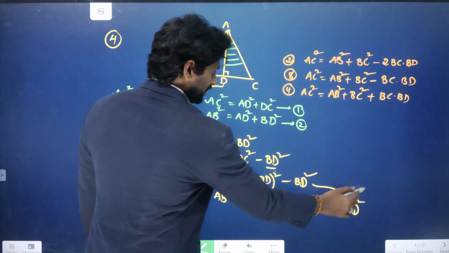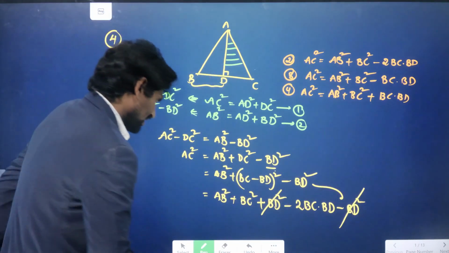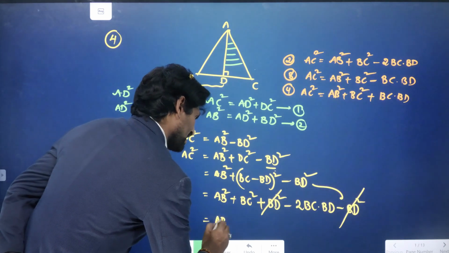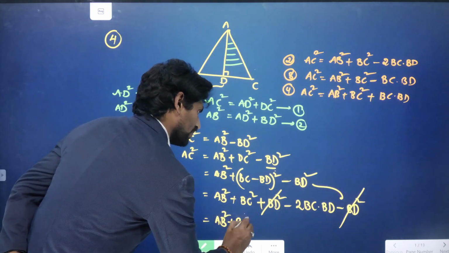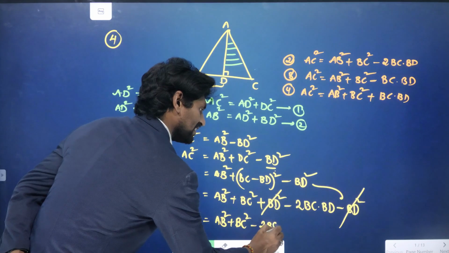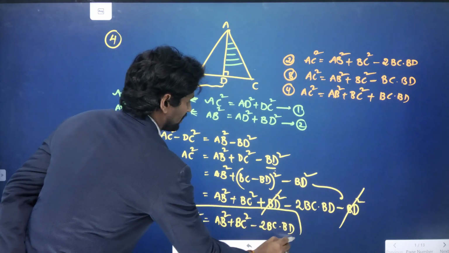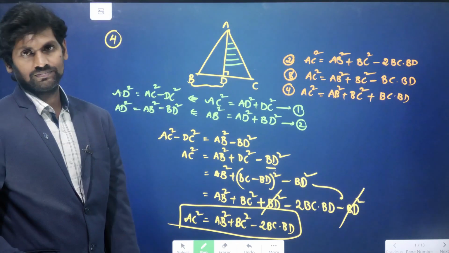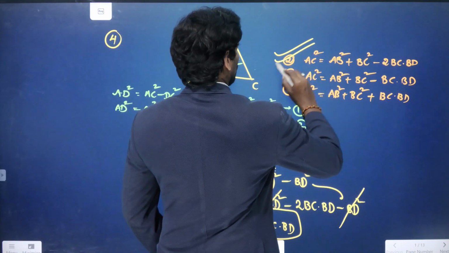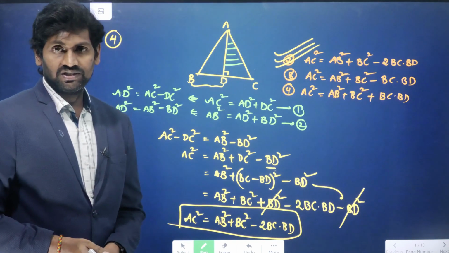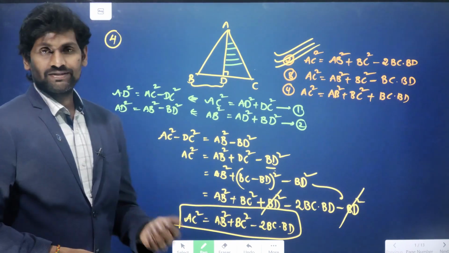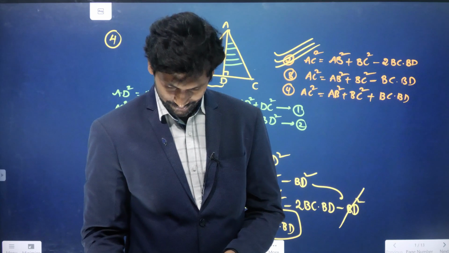Now plus BD square and minus BD square cancel. Then the remaining terms are AB square plus BC square minus 2BC into BD. That is option number 2. So option number 2 is the right answer for us. Okay, let us move on to question number 5.